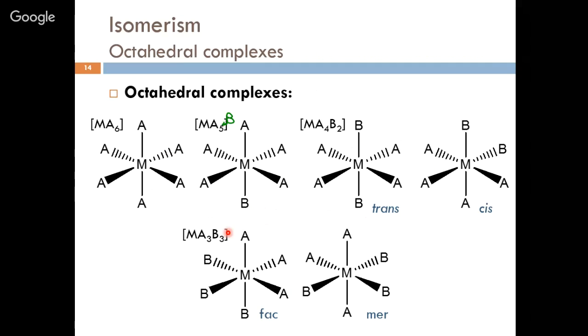In the facial isomers, the 3 ligands that are the same, so if we look at the A ligands, are all on the same face of the octahedron. If we look at the meridional isomer, which is abbreviated MER, then the 3 lie in the same plane instead of on the same face. And you can look at the A, they're also in the same plane, but it's a little harder to see.